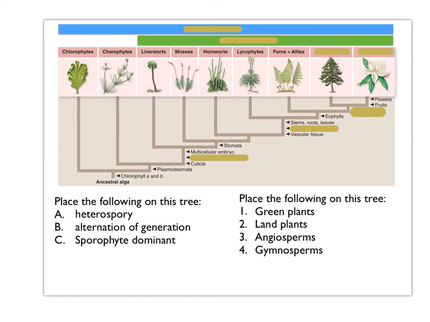Okay, so let's see. Green plants are one. Land plants are two.